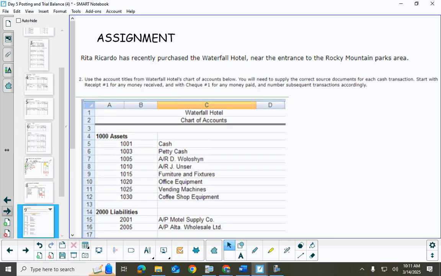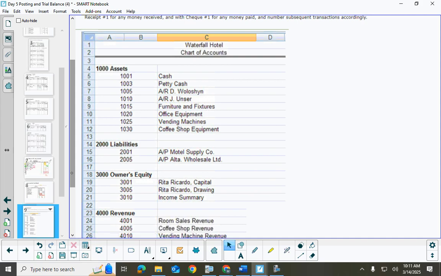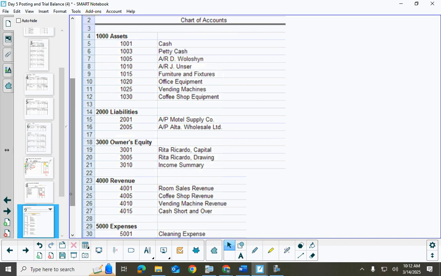Okay, so here's your assignment. It's kind of big. So you're going to run a hotel. Waterfall Hotel is the name of your company. These are all of your accounts. So you've got a bunch of assets. You've got 2 accounts payable accounts. So these are people you owe money to. Your name is Rita Ricardo. You've got a capital account, a drawing account, income summary.